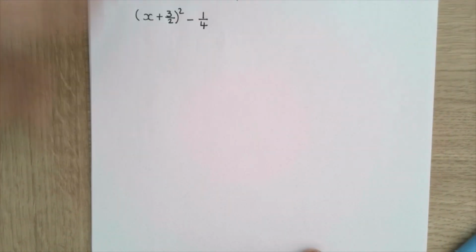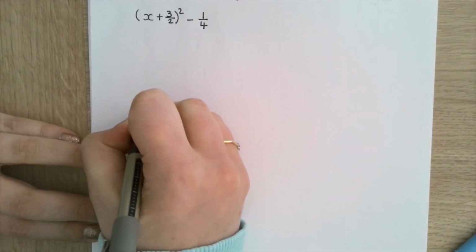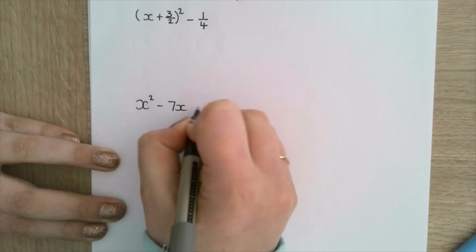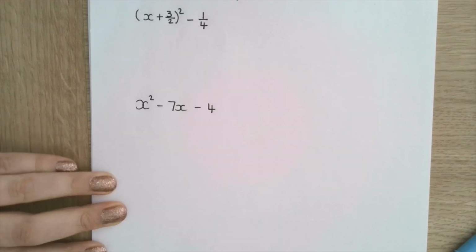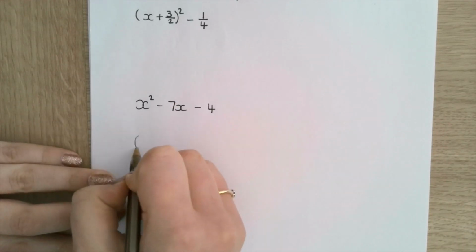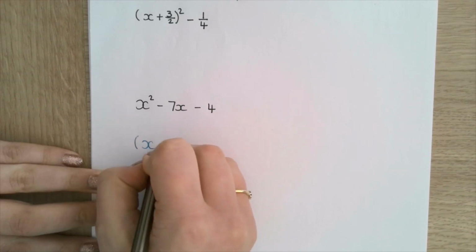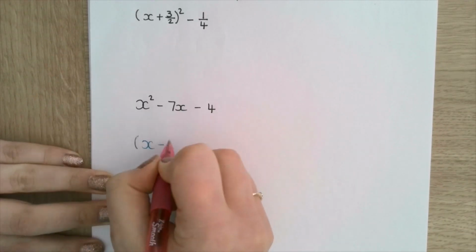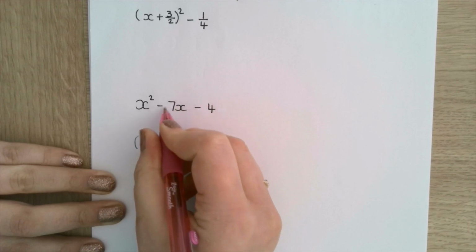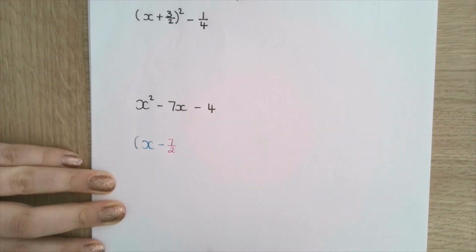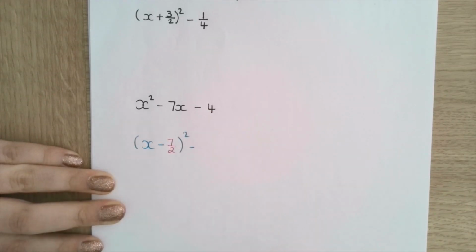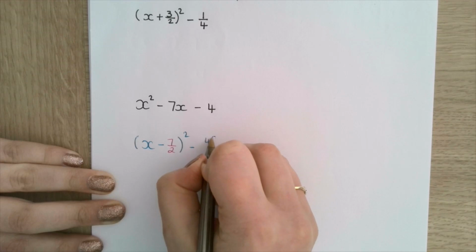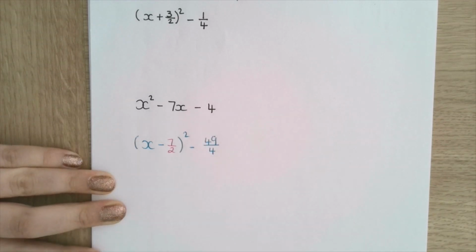Final example for this video then is x squared minus 7x minus 4. So I'm going to end up with, open brackets, x minus 7 over 2, because I need to half this coefficient, close my brackets and squared. And now what I'm going to do is to subtract this number squared, which is going to be 49 over 4.